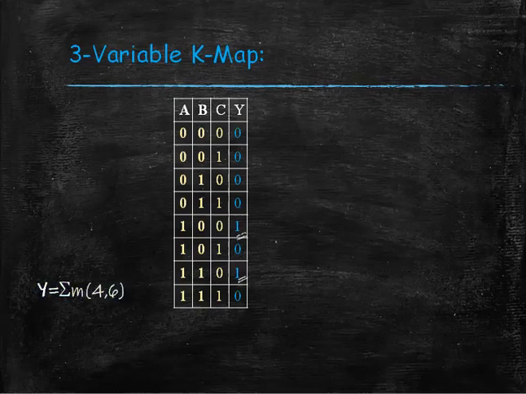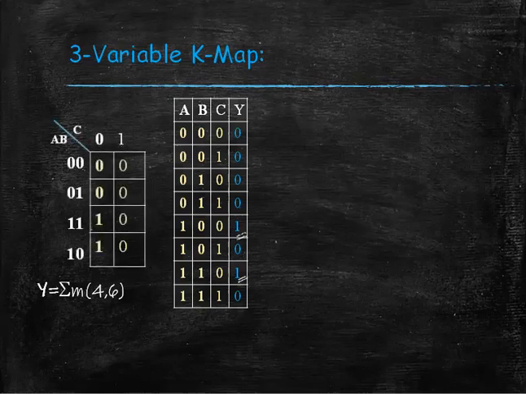Then the canonical SOP form can be written as Y is equal to sum of m in terms of 4 and 6. Then we can draw the K-map as this one.